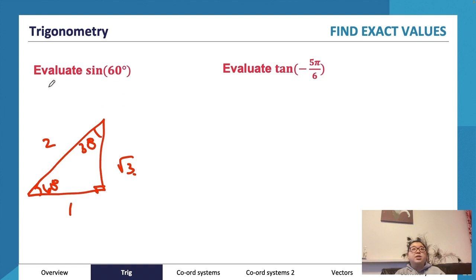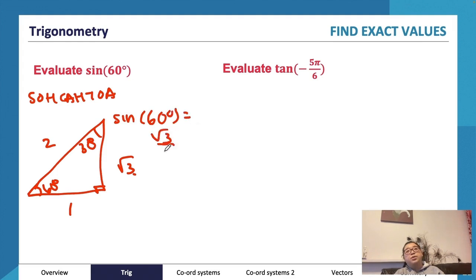So what I get is SOH, so opposite over hypotenuse. I want my sine 60, so it's going to be this one here. I want my opposite over my hypotenuse, which is root 3 on 2. So my sine 60 degrees is equivalent to root 3 on 2.